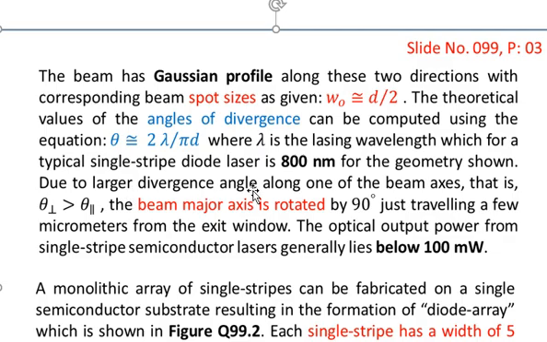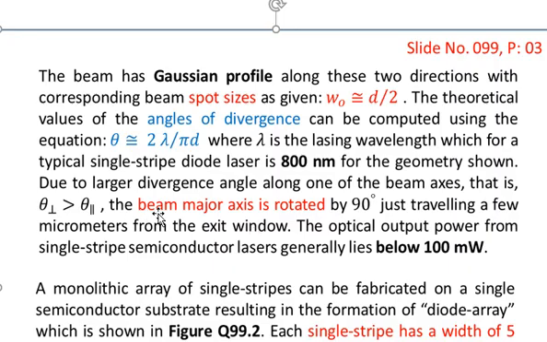Due to the larger divergence angle along one of the beam axes, that is, theta perpendicular is greater than theta parallel, because theta perpendicular is 20 degrees and theta parallel is 5 degrees, the beam major axis is rotated by 90 degrees just after traveling a few micrometers from the exit window.